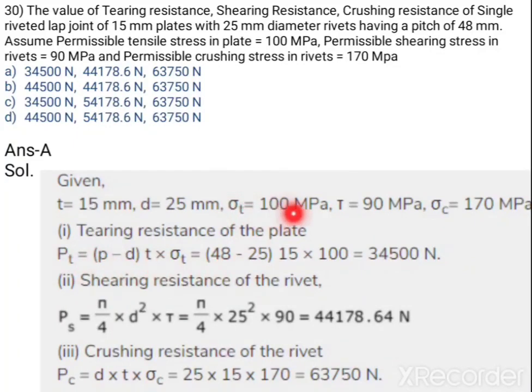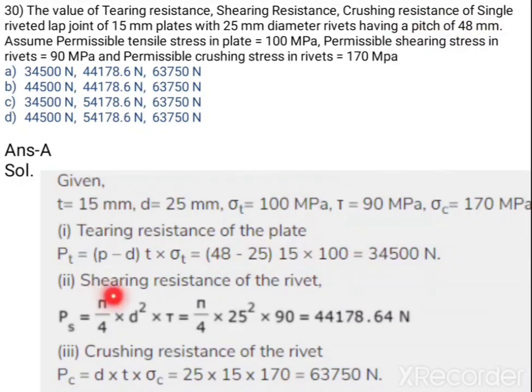So that's why we are using the sigma t value here. 48 is the pitch value given, so 48 minus d, 25, into thickness 15, and you will get the answer as 34,500 Newton. So only A option is there. Okay, also C option matches there.